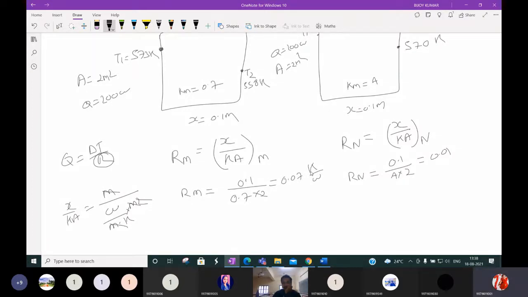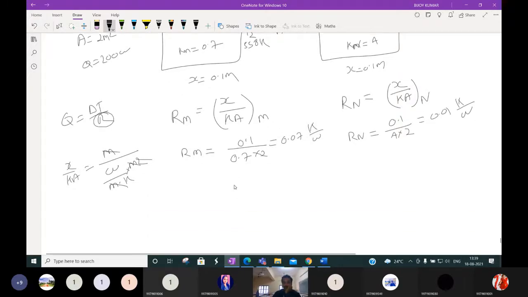In case 2, what is the value of K2? In case Kn, it was written here 4 watt per meter Kelvin. So the units of resistance will be Kelvin per watt. Here it will be 0.01 Kelvin per watt.